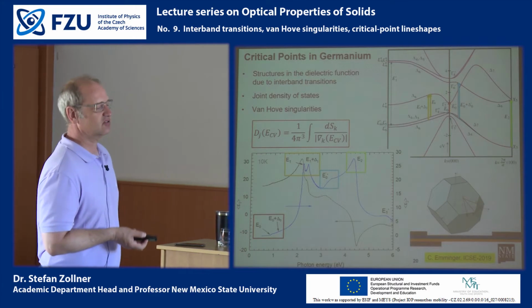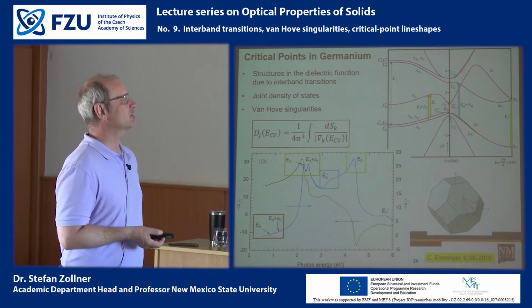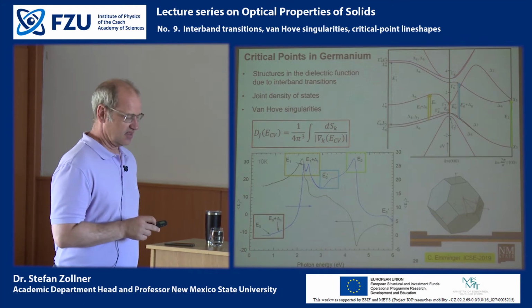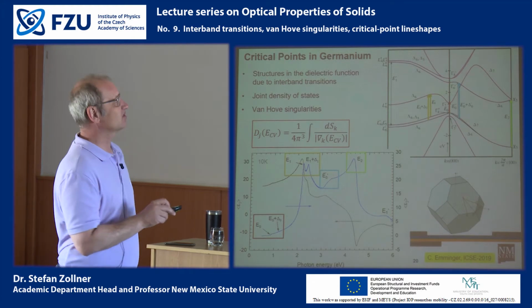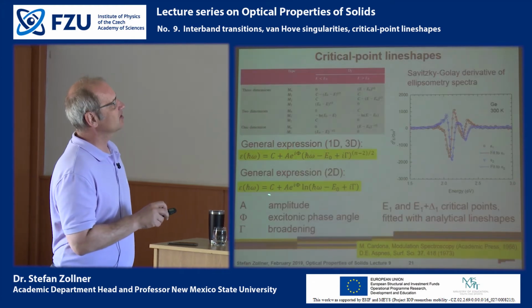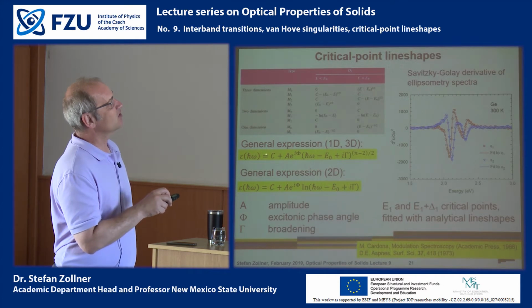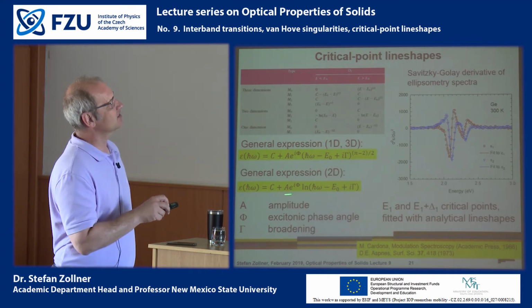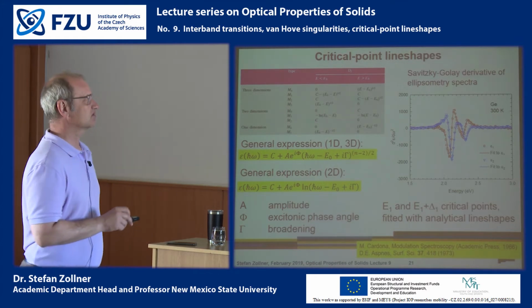They do not take into account variations of the matrix element. They do not take into account contributions from nearby critical points. And therefore, we can't really fit the complete dielectric function as a sum of these critical point contributions.